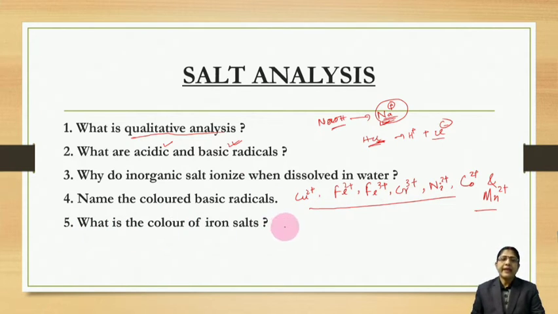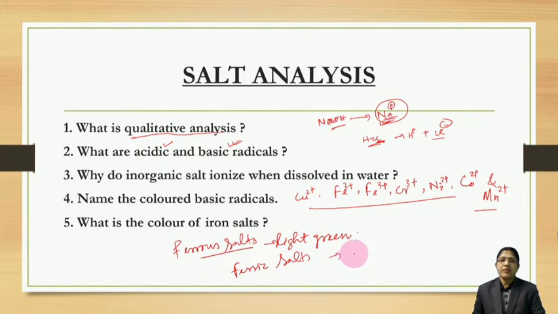Then what is the color of iron salts? Ferrous salts are usually light green, while ferric salts, like ferric sulfate, are generally brown, right?